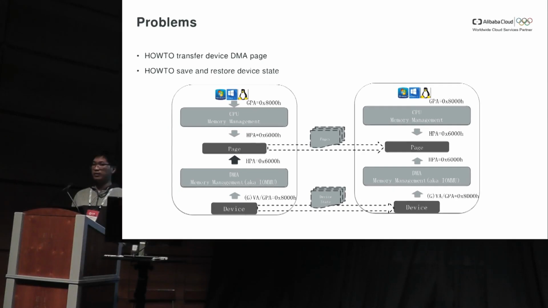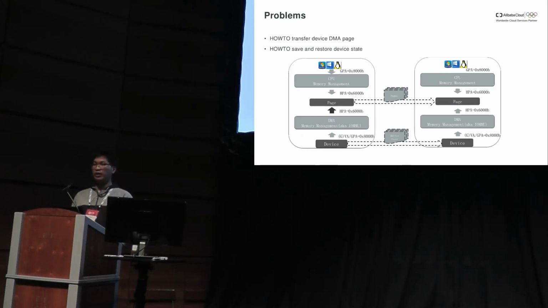What's the problem in enabling live migration with pass-through device, and what's the difference between general live migration and live migration with pass-through device? First, as in the general live migration flow, we should save the vCPU state and the virtual device state from the source host to the destination.